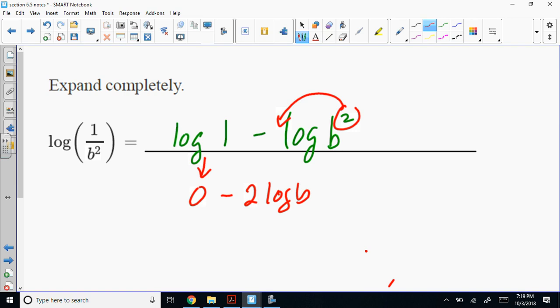If you get a 0 or a 1 when you take the log of something, it's probably a property. Okay. And then this simplifies down to just negative 2 log of b.